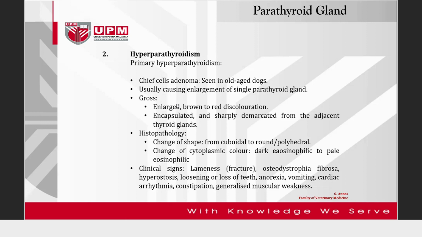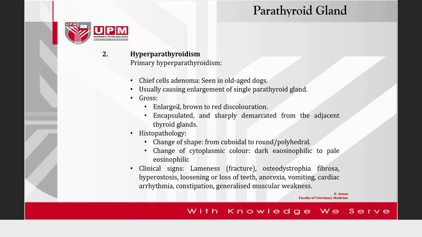Because of the encapsulation, it has a very sharp demarcation from the surrounding thyroid gland. Histologically, you should be able to see a change of shape of the chief cell from cuboidal to round or polyhedral, and a change of cytoplasmic color from dark eosinophilic to pale eosinophilic.